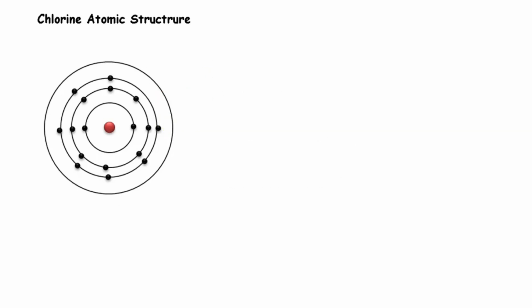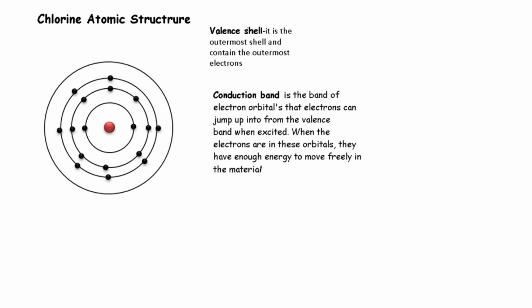Let us have an example here of a chlorine atomic structure. For the chlorine atomic structure, let me recall the valence shell and the conduction band here. Let us take a look at this atomic structure.